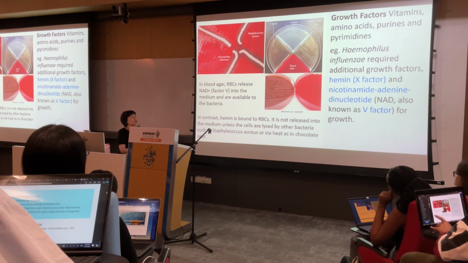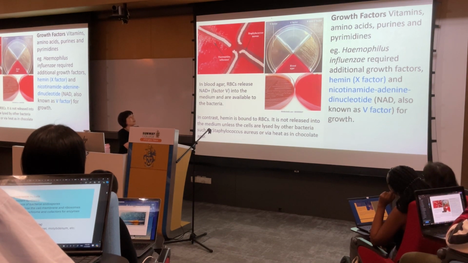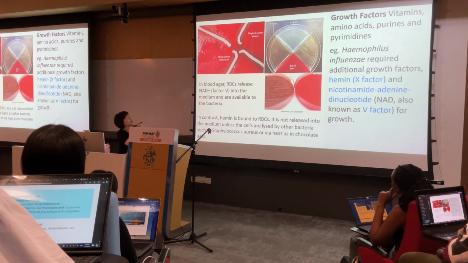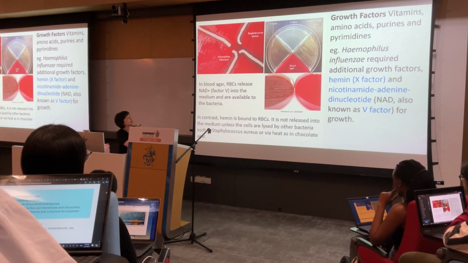Another way you can have growth of the Haemophilus on the blood agar is to streak another bacterium, Staphylococcus aureus. Staph aureus is able to lyse the blood, so when they lyse the blood, of course, they release the hemin.